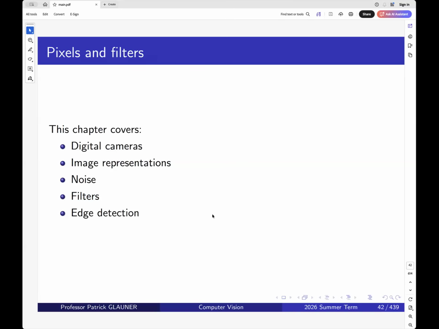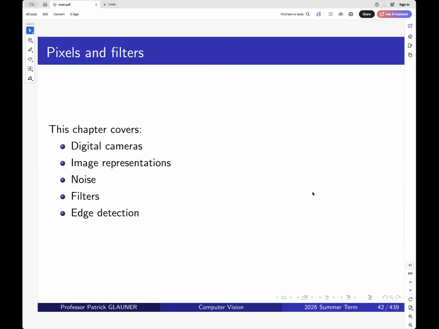Sometimes they're also called masks or operators or whatever. And then we will see one type of approach for how we can find actual edges in an image. Edges are changes of intensity, and those are very helpful as a low level property, which can help us later to build more high level structure.